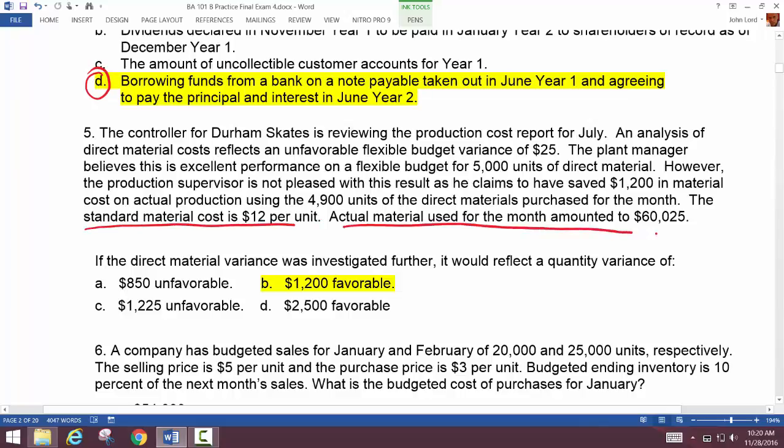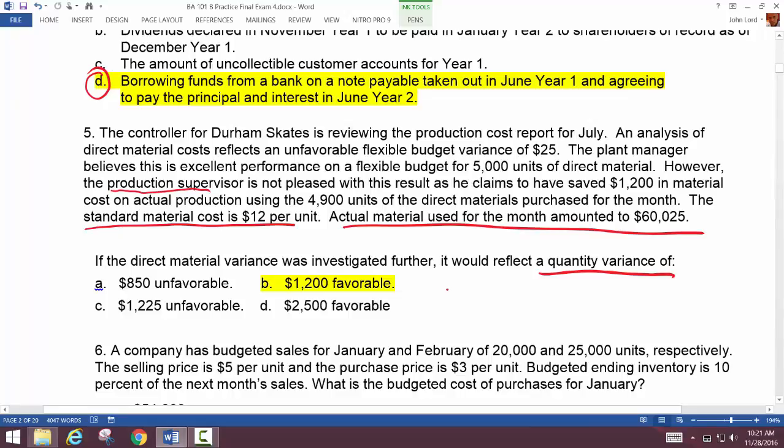Actual materials used for the month were worth 60,250. So we want the quantity variance, which is what this production manager wants to really focus on. How much materials did he use? So what am I going to do?